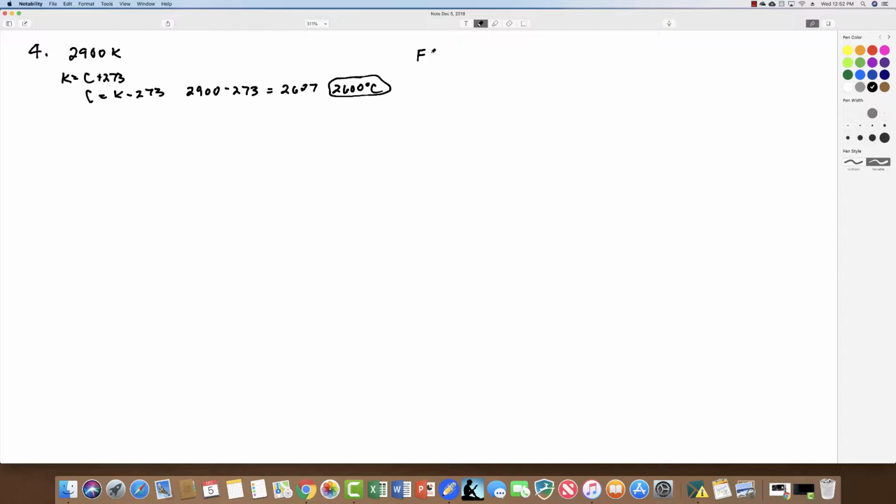We know that Fahrenheit is equal to 9/5 centigrade plus 32. So we're going to be 9/5 times 2600 plus 32, and that will equal 4760, which is 4800 to two significant figures.